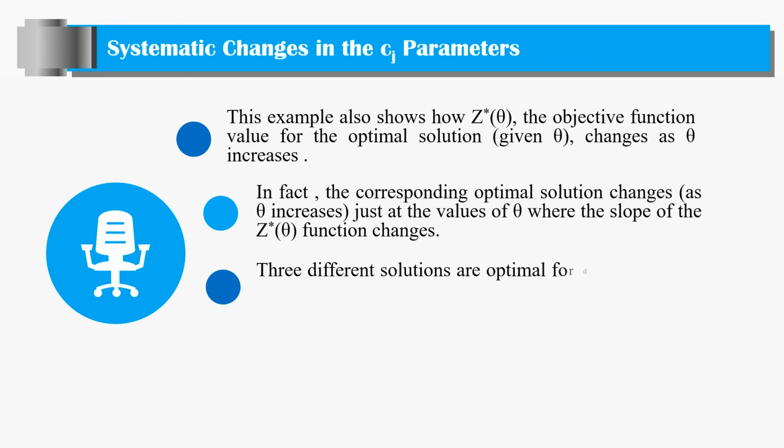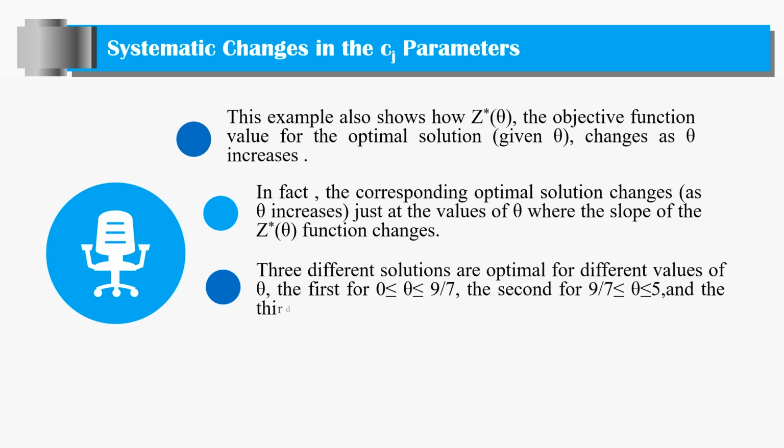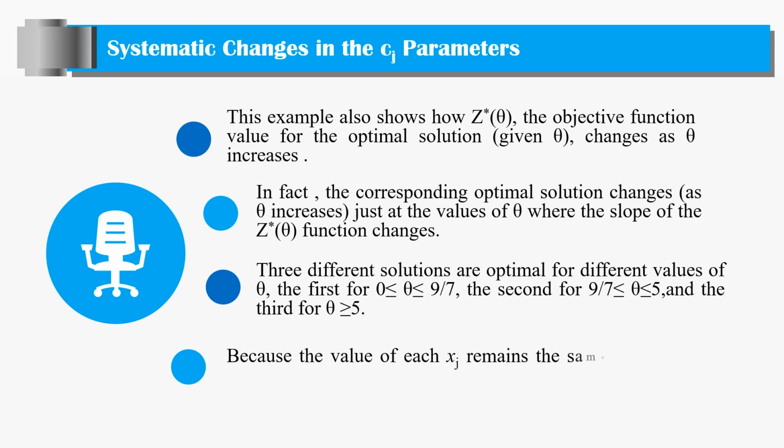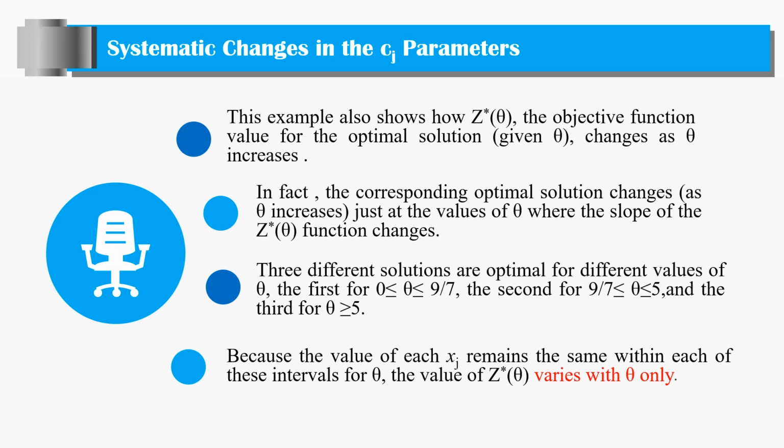These 3 different solutions are optimal for different values of theta. The first is when theta is between the interval from 0 to 9/7. The second is theta in the interval 9/7 to 5. And the third is when theta is bigger than or equal to 5. Because the value of each x3 remains the same within each of these intervals for theta, the value of z star theta varies with theta only.